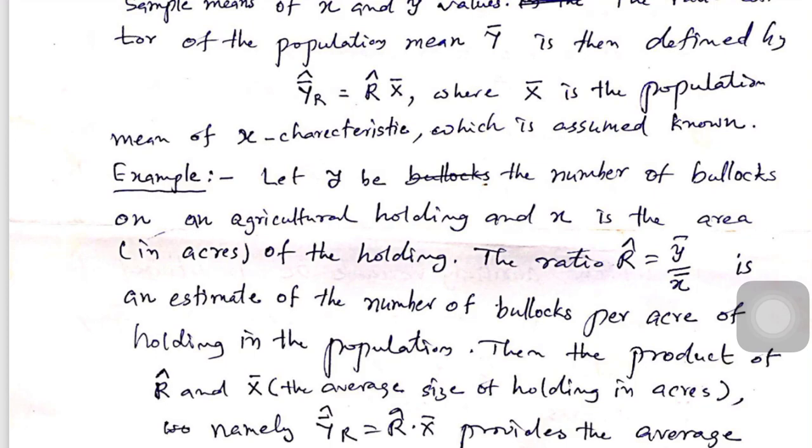What is xi? Small xi is the area in acres of the ith holding in your sample, and yi represents the number of bullocks in that holding.